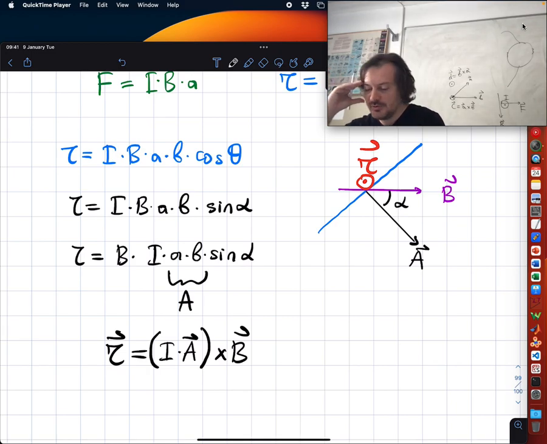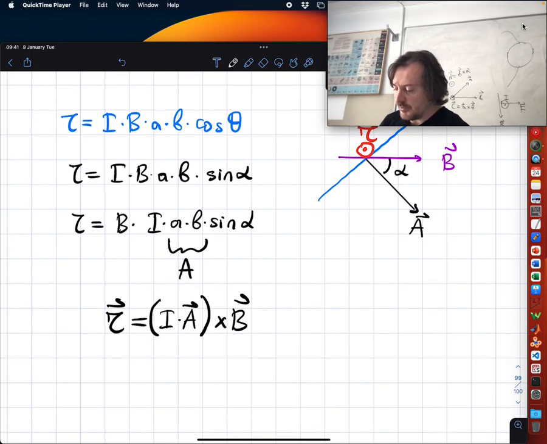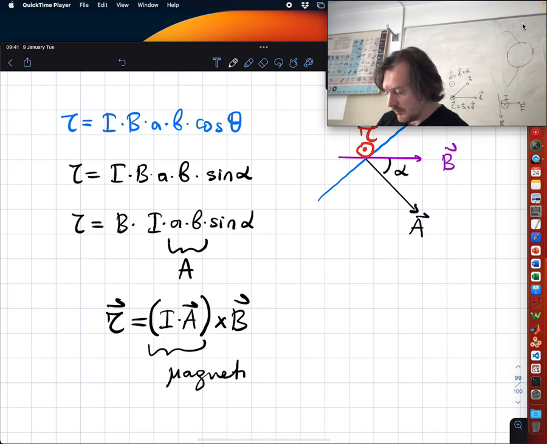No? Good. So we have a special name for this. We call this magnetic dipole moment. And you can see why, right?